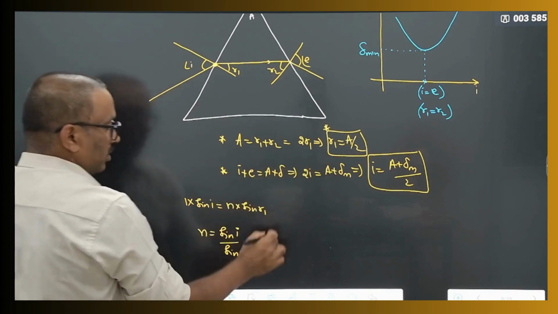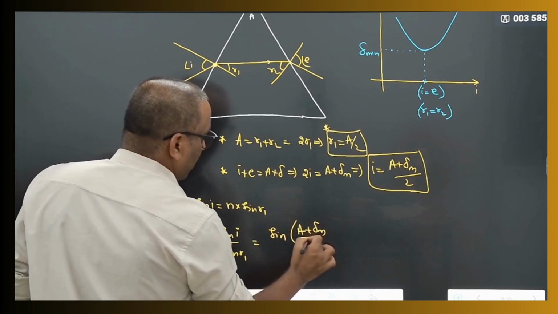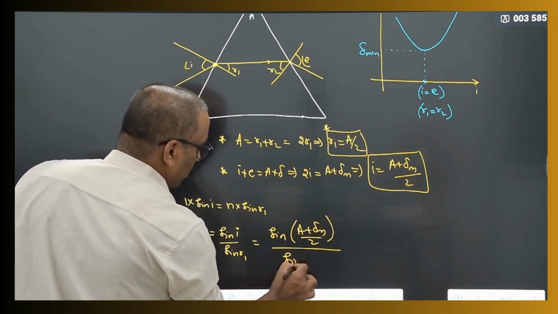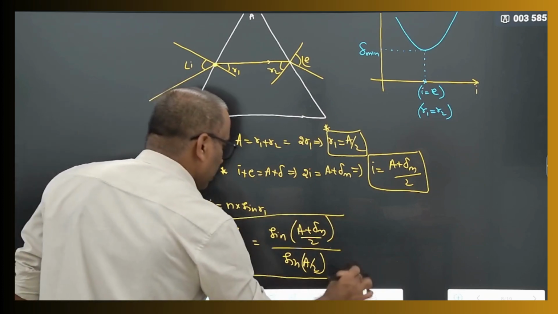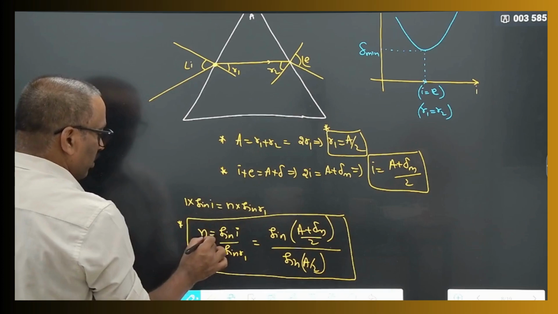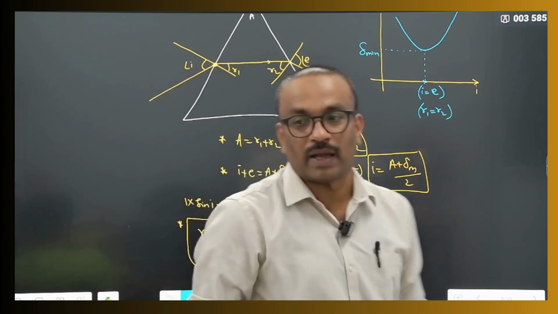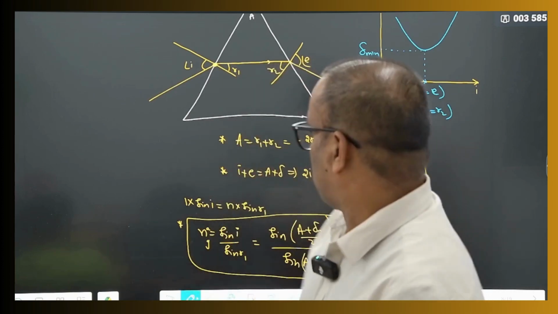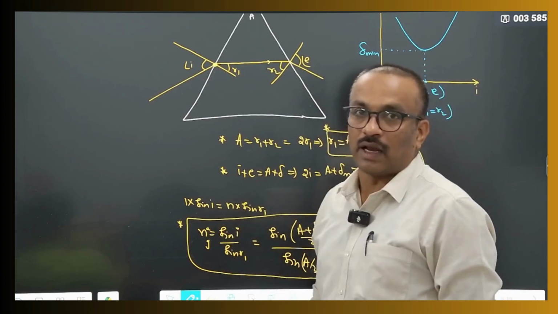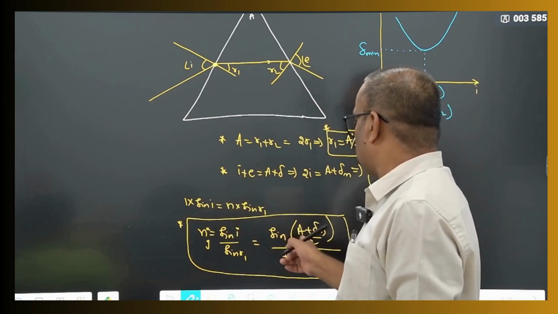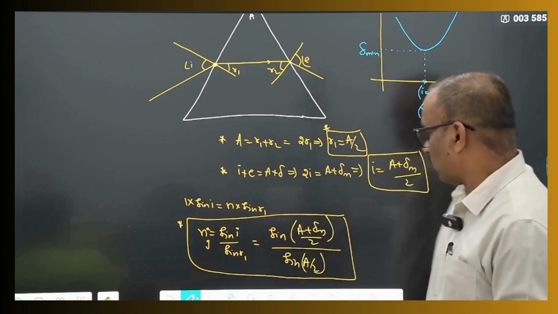The sin I value is sin of (A plus delta m) by 2, and sin R1 is sin of A by 2. So this is your refractive index of the prism with respect to air for minimum angle of deviation. Clear? So n is equal to sin of (A plus delta m) by 2 divided by sin of A by 2.